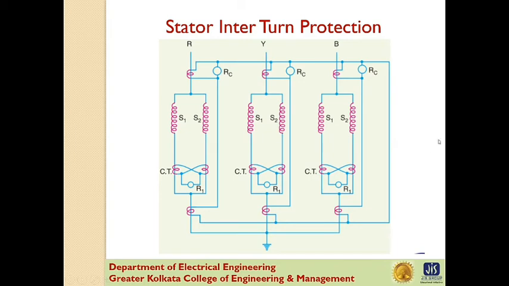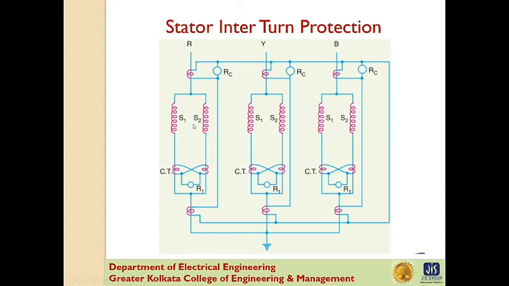Now this figure shows the schematic representation of the circulating current and interturn protection of a three-phase double-wound generator. The relay coil RC provides protection against phase to ground and phase to phase fault, whereas the relay R1 provides protection against stator interturn fault. Now the duplicate stator windings S1 and S2 are provided only as a protection against interturn faults.